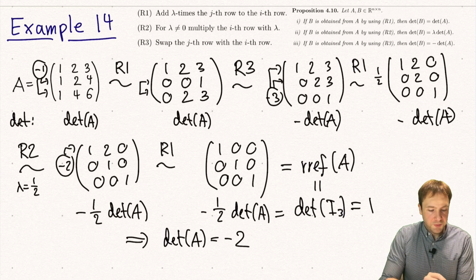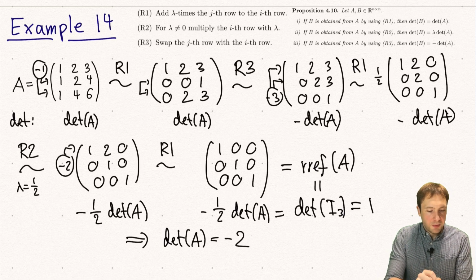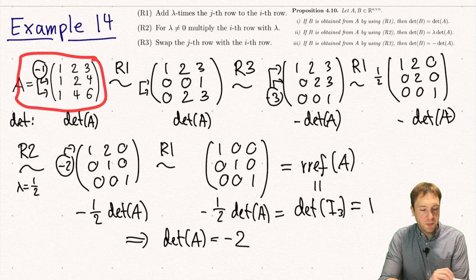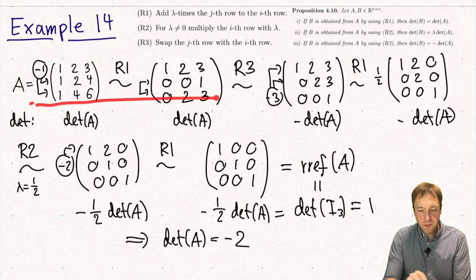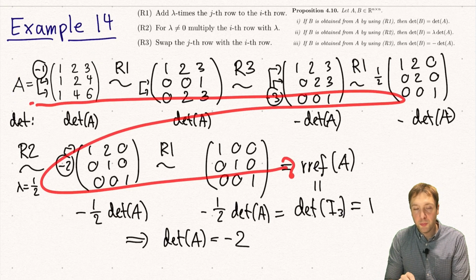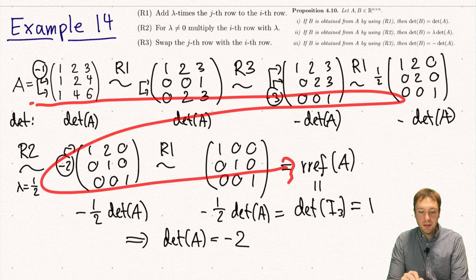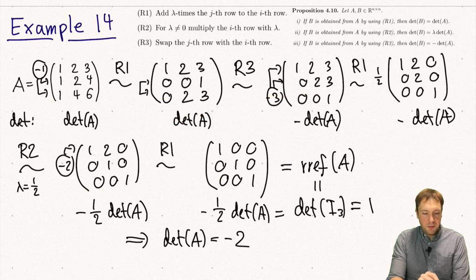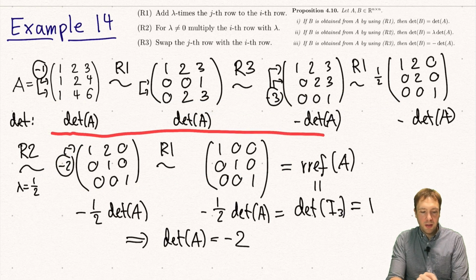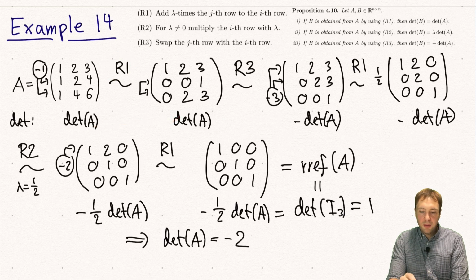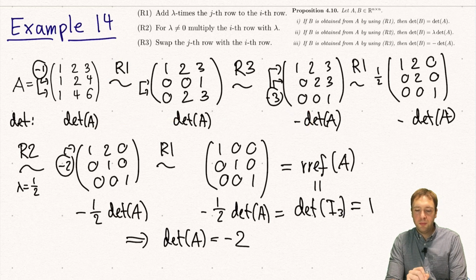But also what we see is, if we start with an arbitrary matrix A here, and we do these row operations to end up with a row reduced echelon form of A, then what happens to the determinant? Well, in these steps with R1, they just stay the same. In R3, I just multiply by minus 1.